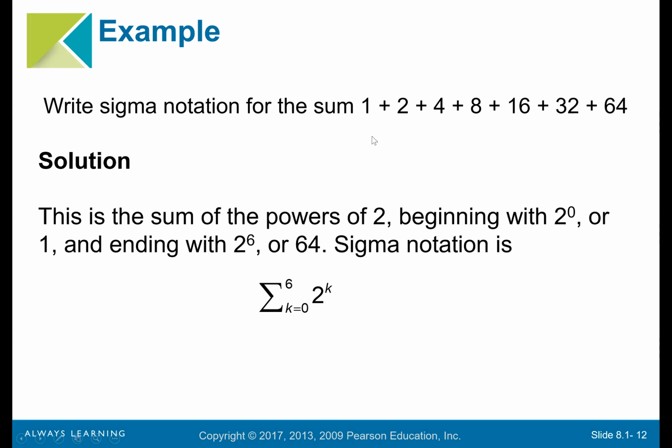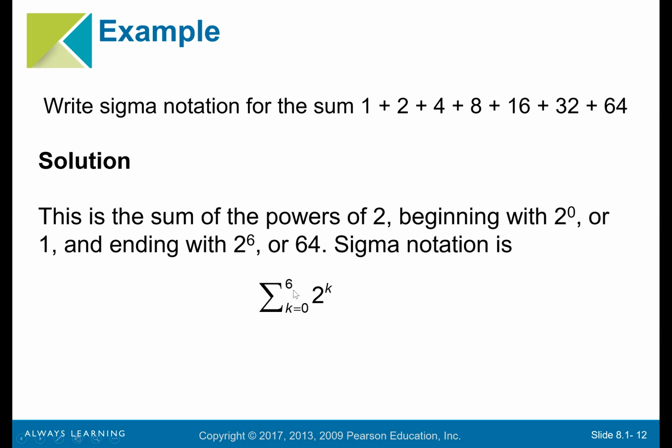Anytime you want to know how many terms there are without counting them, it's always the top minus the bottom, add 1 back. So 6 minus 0 is 6. Add 1 back to get 7. There are 7 terms. Excuse me? Repeat that.